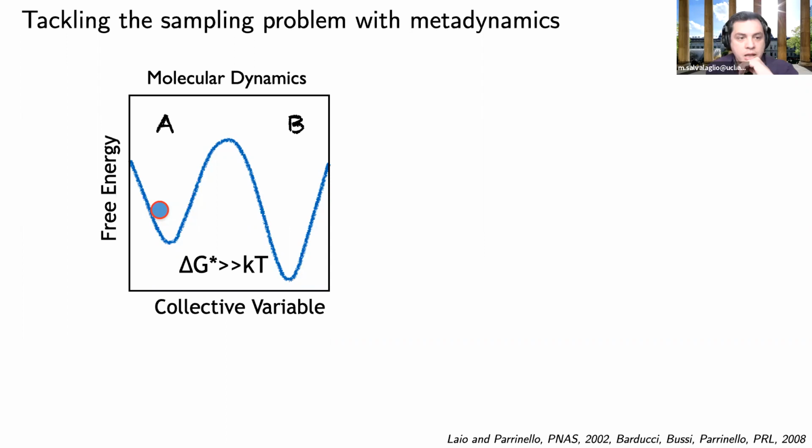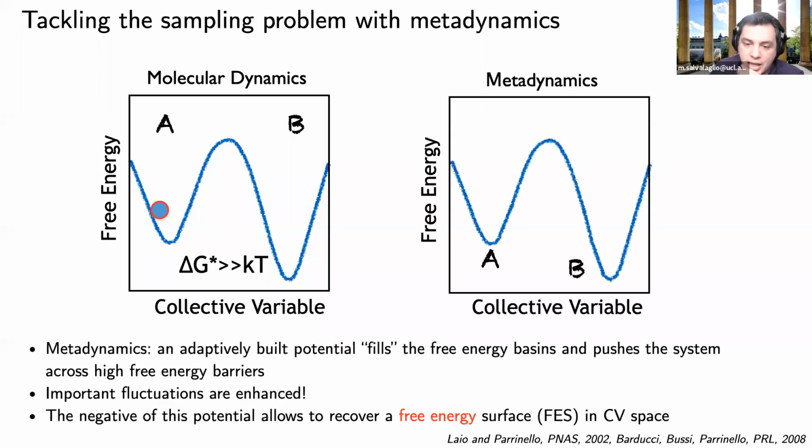So going back to metadynamics, the idea here is that whenever we have a system in which two interesting metastable states, let's call them A and B, are separated by a high free energy barrier, we can introduce a bias potential in order to facilitate the escape of a system from one of these metastable states.